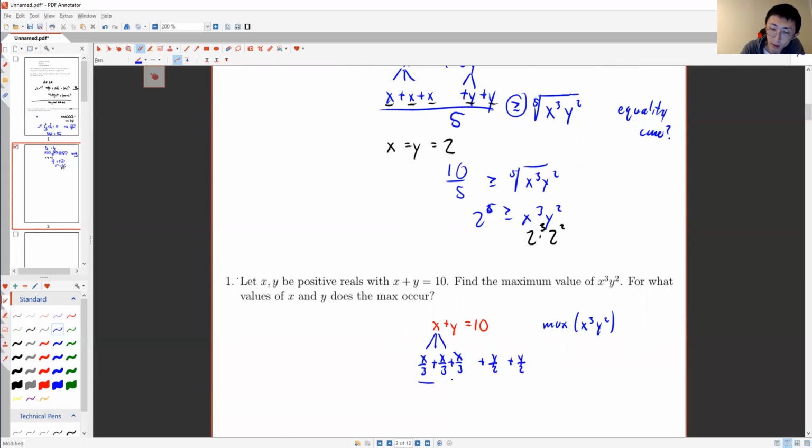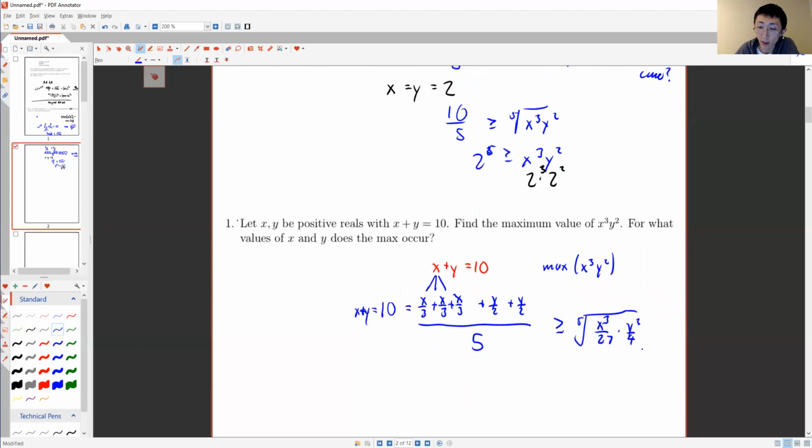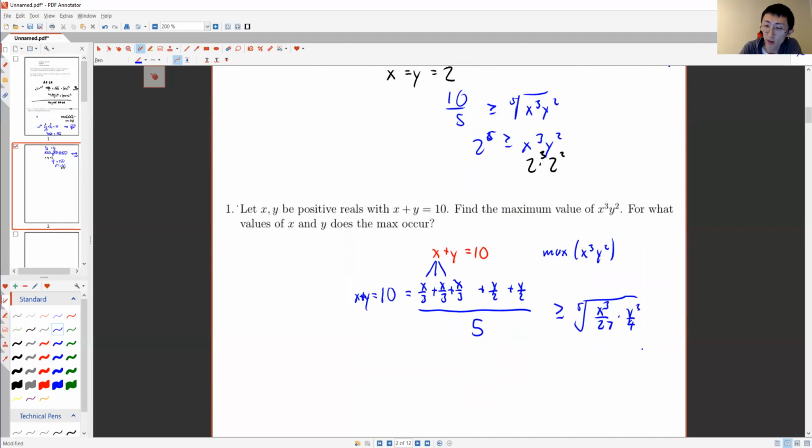So now on the top, this equals, well, x plus y, which is 10. And we'll just divide it by 5 and say that's greater than or equal to the 5th root of whatever their product is. So now we can just solve for x cubed y squared, and what's the max value of that?